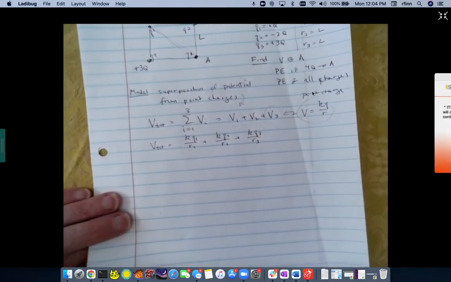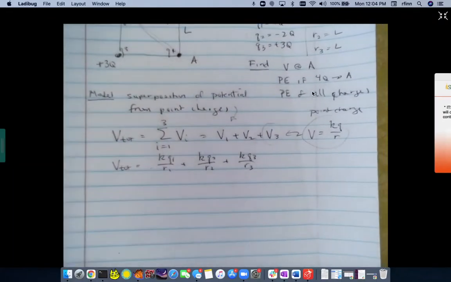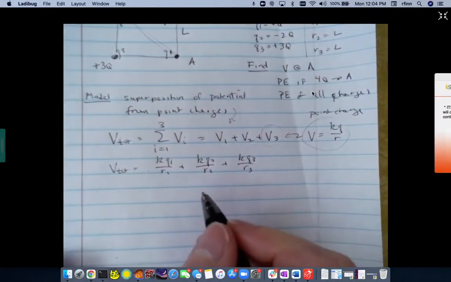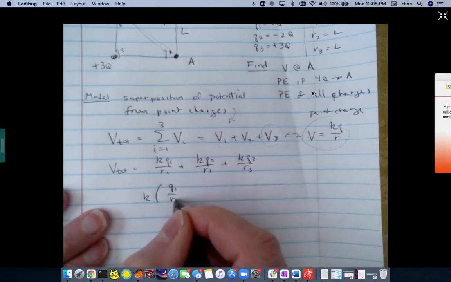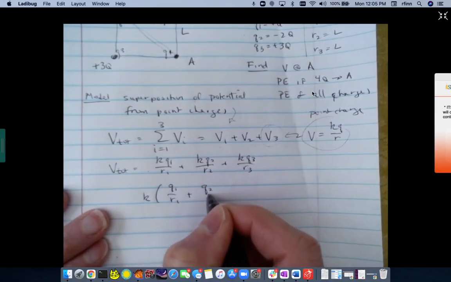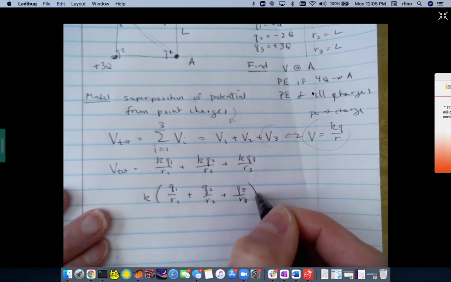I don't want to write k every time, so I can factor that out. I get k times q1 over r1 plus q2 over r2 plus q3 over r3.